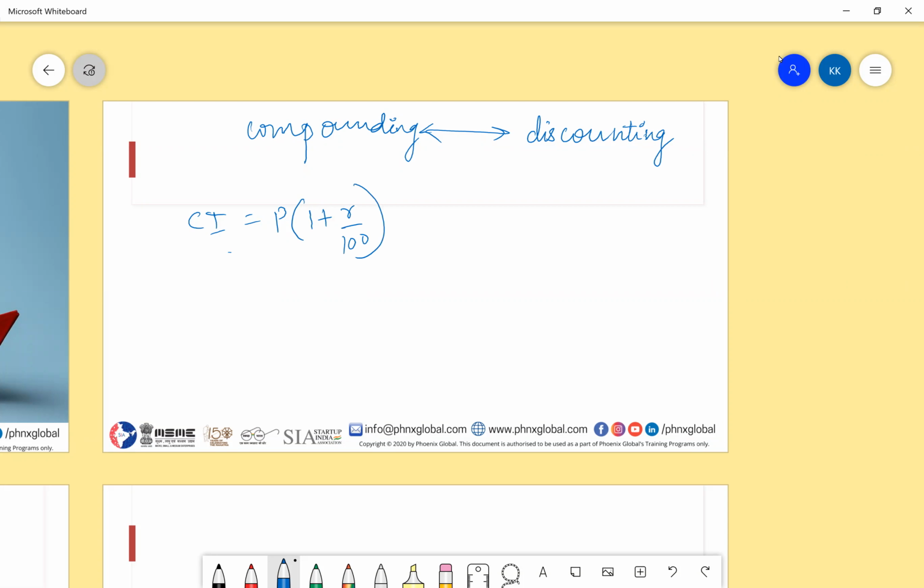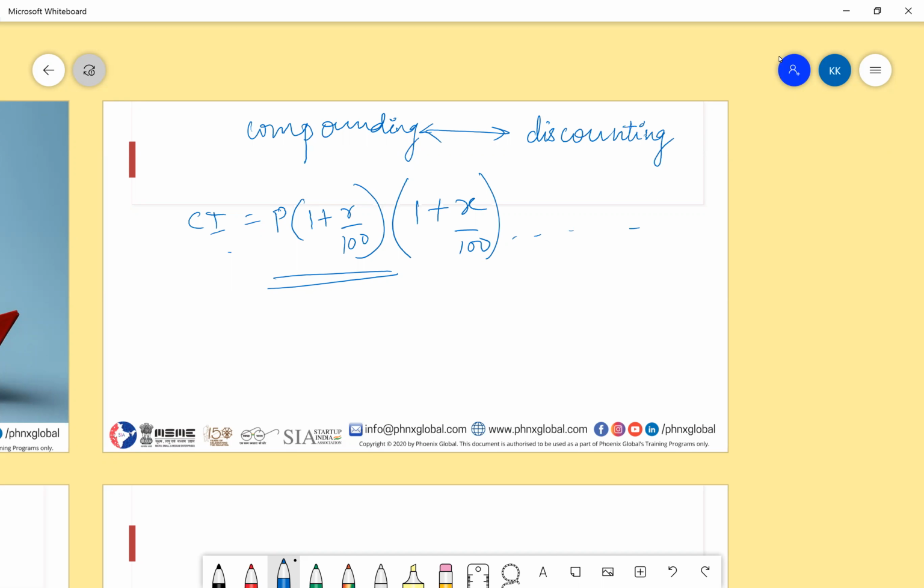Remember, when the cost price increases by r percentage, we multiply it in a similar way. Are we doing the same thing? Now, what if it increases by X percentage the second year? What we did was this, and so on.